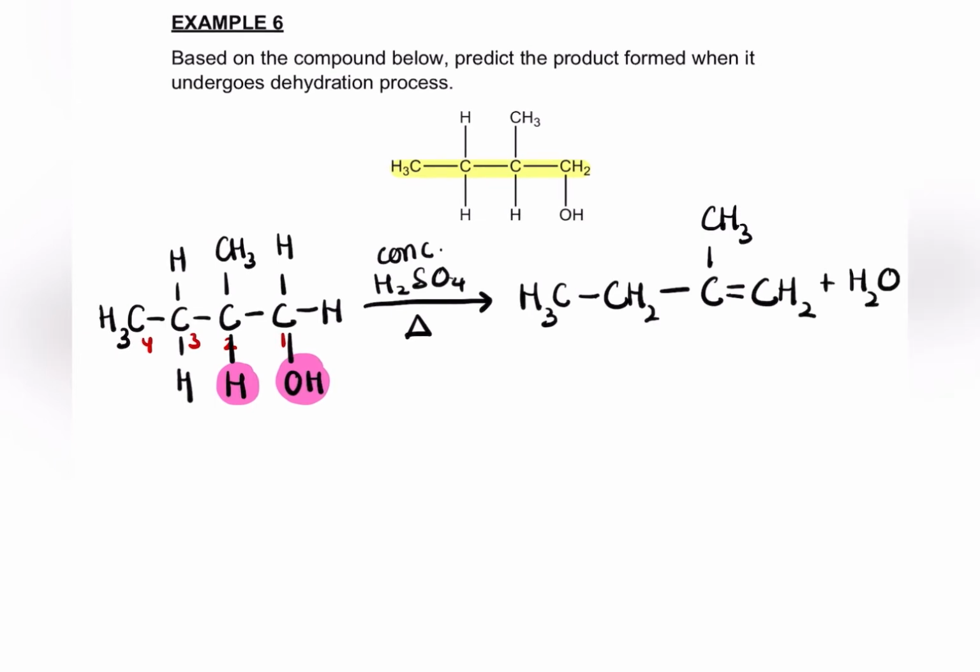And from here, you can determine and label this one as the major product because you can only form one product. And H2O is what we call a byproduct or side product. So this is how the dehydration of alcohol reaction works by using elimination when you are preparing the alkene.